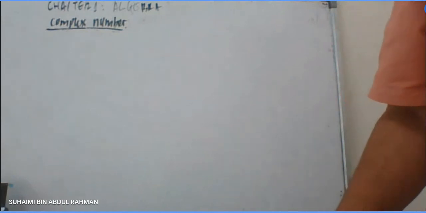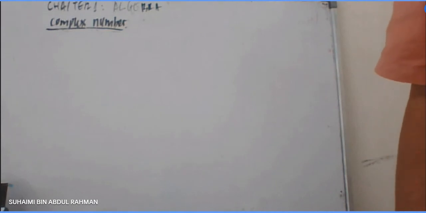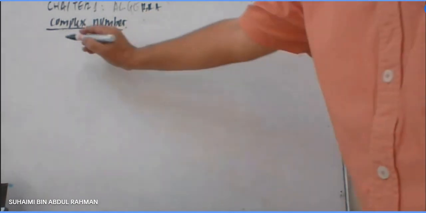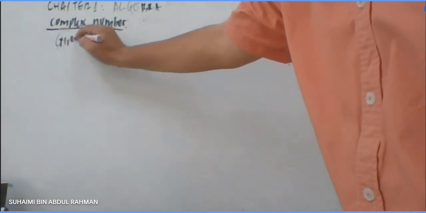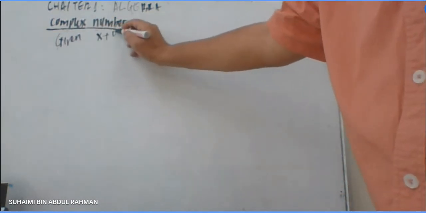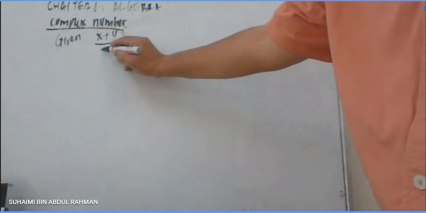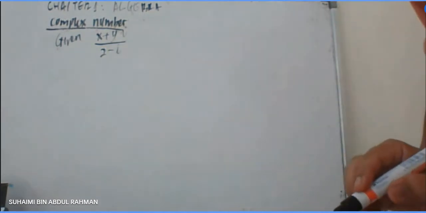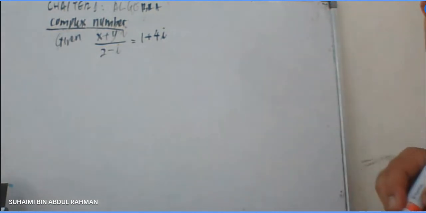And let's say we want, when given to us, x plus yi divided by 2 minus i equal to 1 plus 4i.